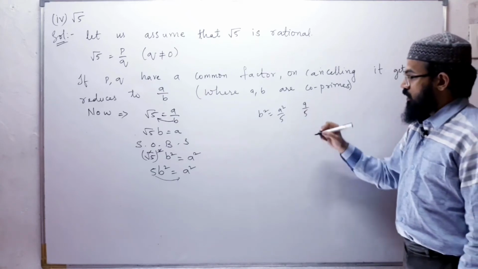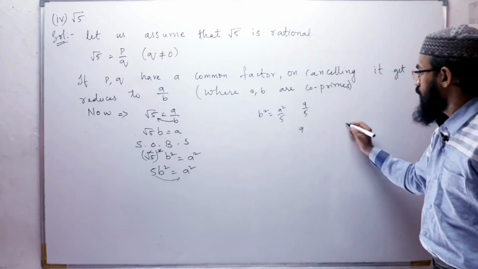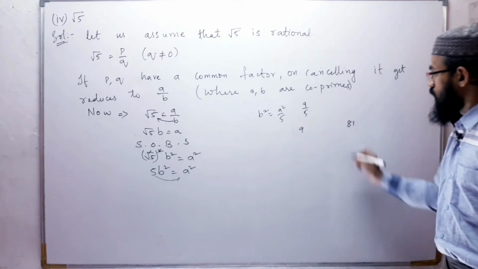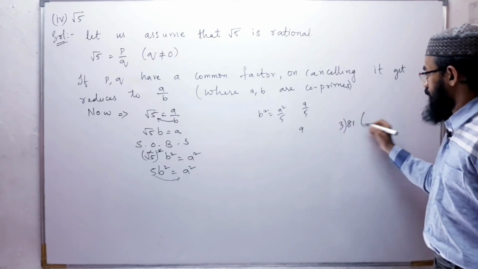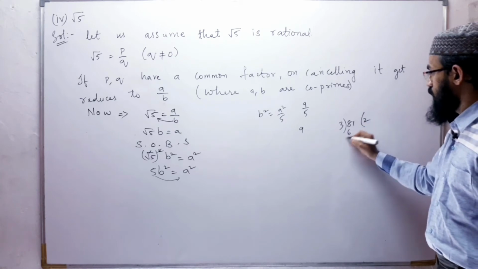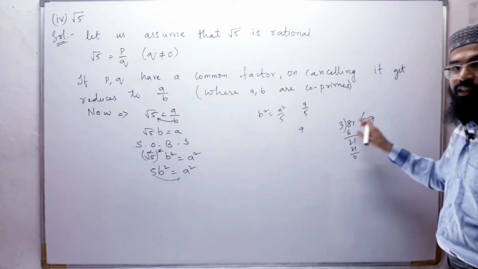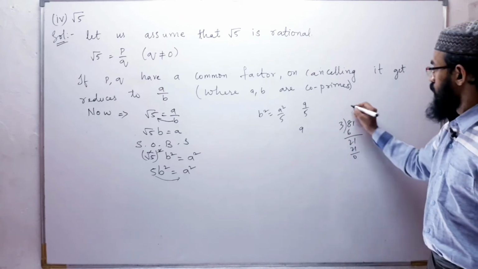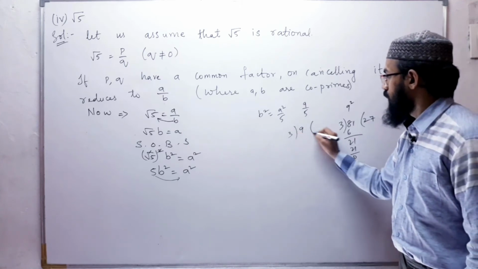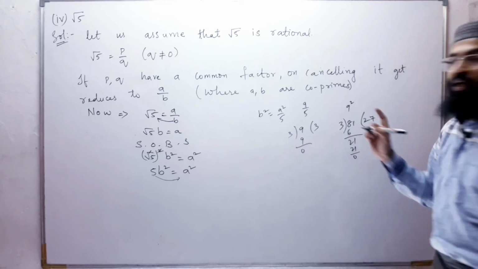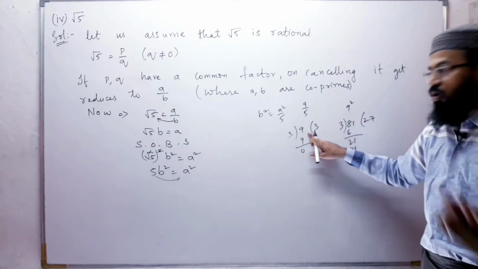Why? Suppose I take 9. The square of 9 is 81. Will 3 divide 81? Yes. 3 twos are 6, 3 sevens are 21. So 3 is dividing the square of 9. Will it divide 9 also? Yes, 3 threes are 9. So if any number divides its square, then it will divide the same number also.